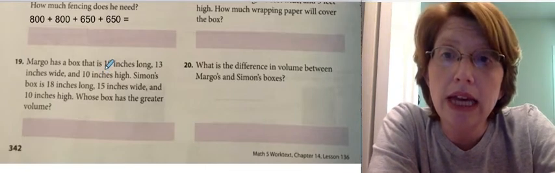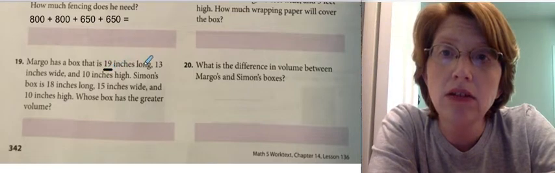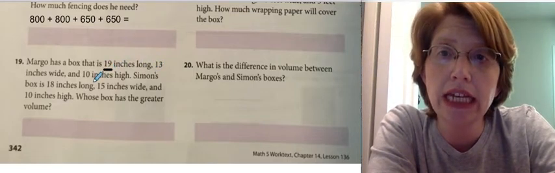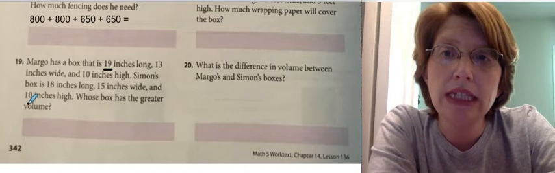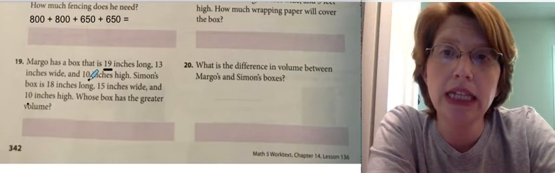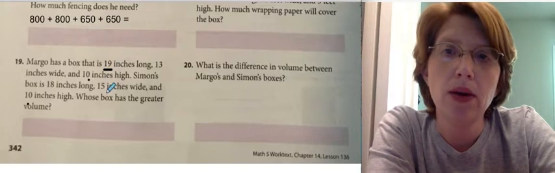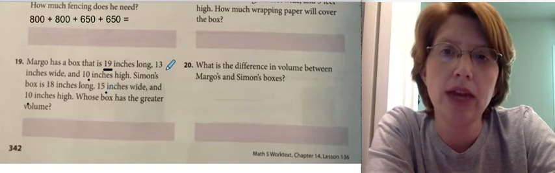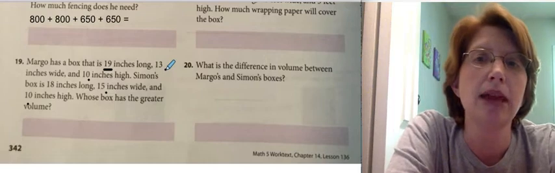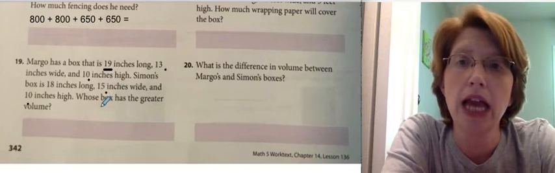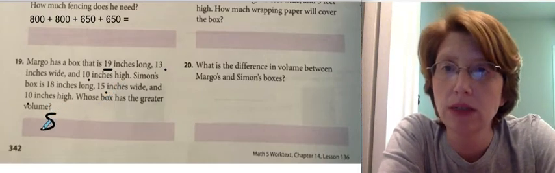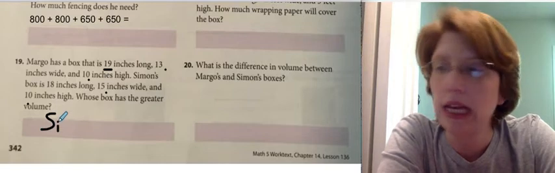So, if it's 19 and 13 and 10, this one is 10. They have this in common. The 10 is in common. This side is bigger by 1, but the width is bigger by 2, and that's going to make more of a difference when you multiply. So Simon's box is going to be bigger.